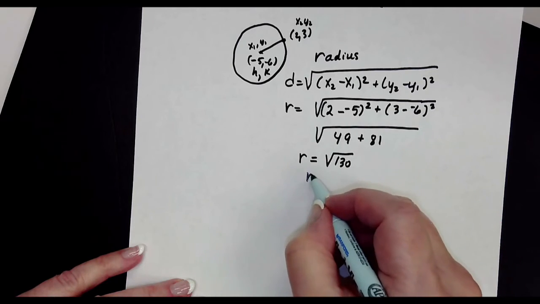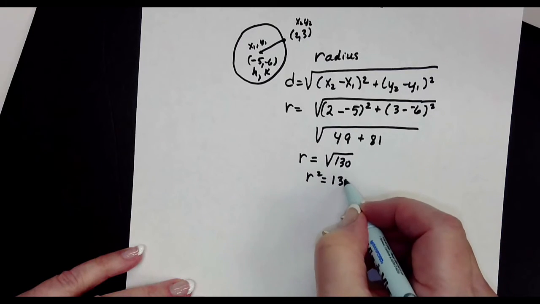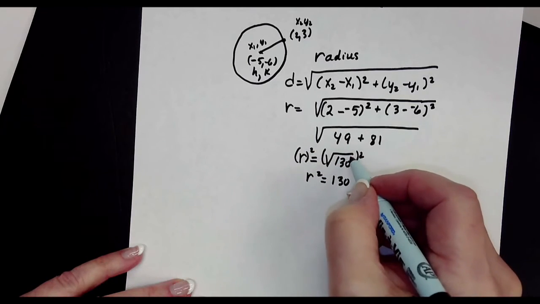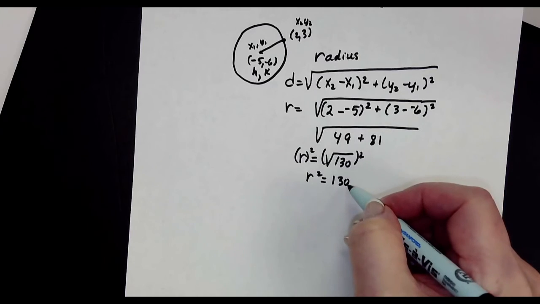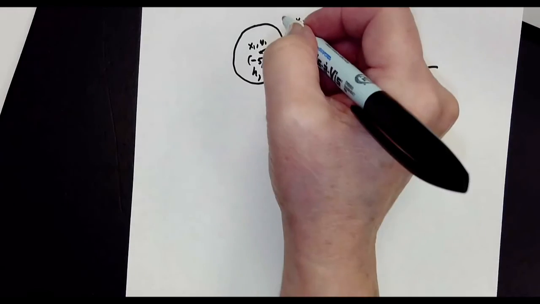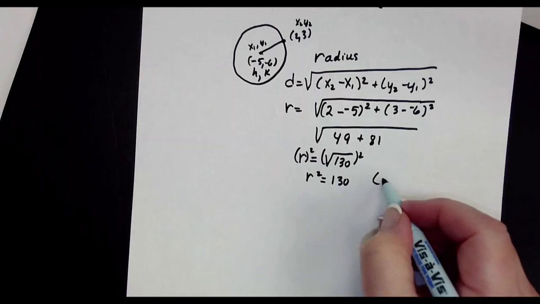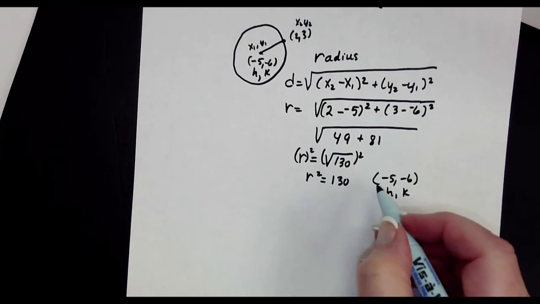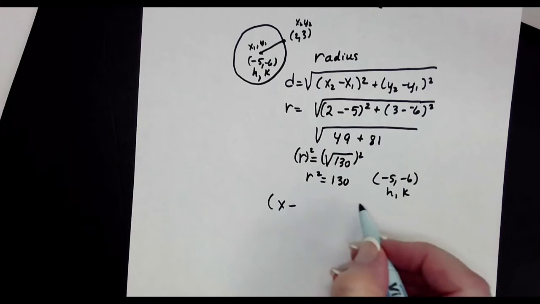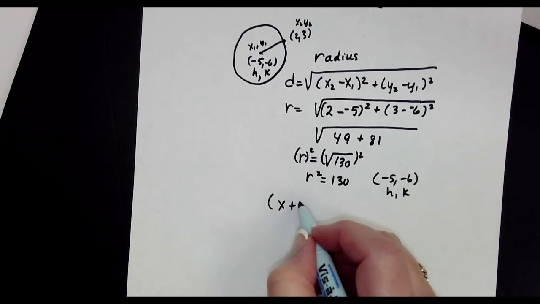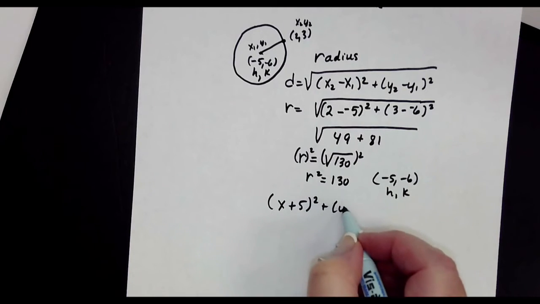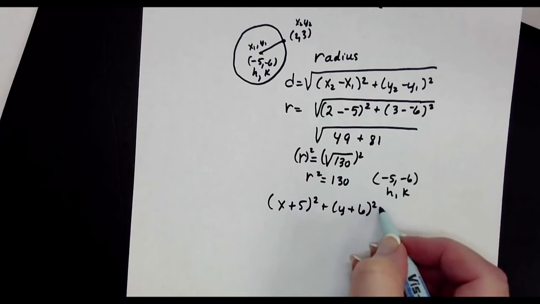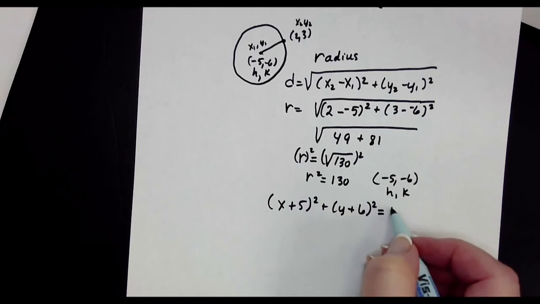So if I square both sides, I'm going to get r squared equals 130, because the opposite of a square root is squaring. So now I just plug in my h and my k, which was -5, -6, and my r squared into the formula. So I get x minus h, minus the -5 would be plus 5 squared. y minus k, minus the -6, would give me plus 6 squared equals r squared, which is 130.